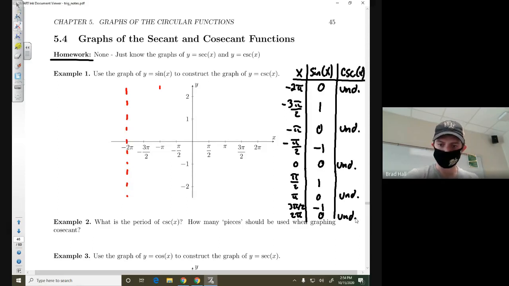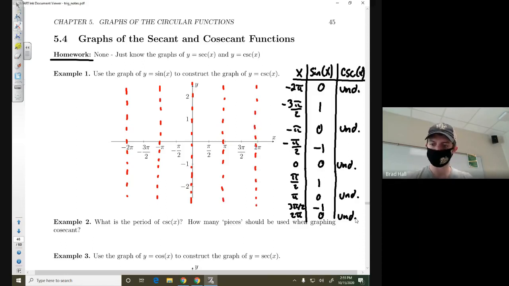That one's an asymptote, that one's going to be an asymptote, all the ones where it says undefined. And then there's some other points that we can plot. So there's 1, negative 1, 1, negative 1. Cool. So really that tells us nothing crazy.